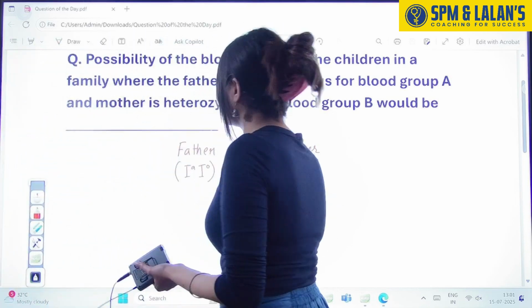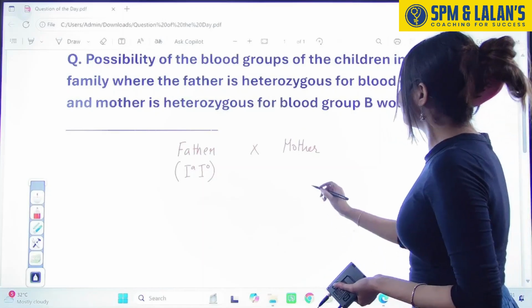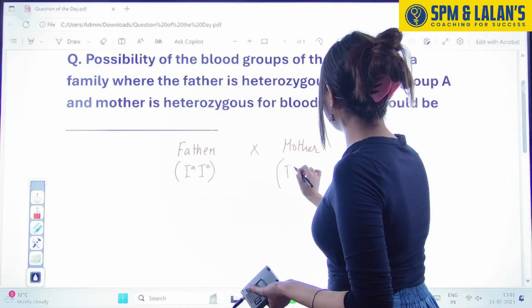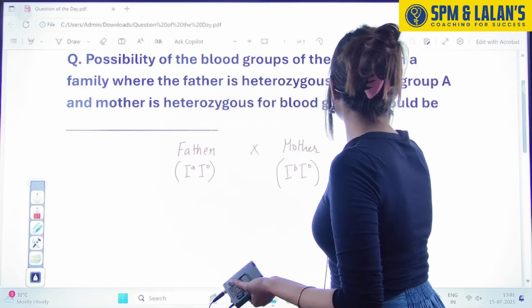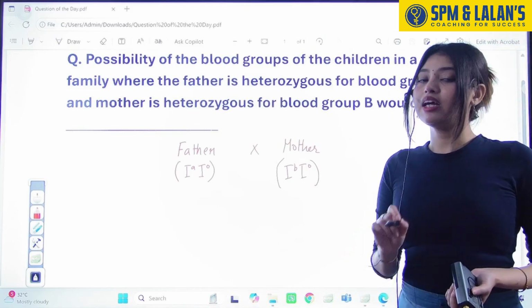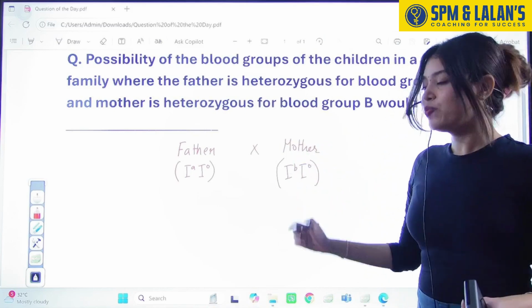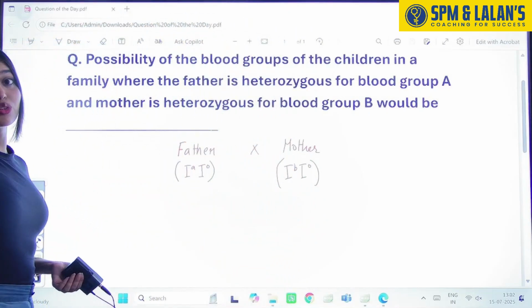So we are not taking IA and IA, but IA and IO. For the mother, it is IB and IO, because again it says heterozygous for B, so it will not be IB and IB, it will be IB and IO. Now what would be the possible genotypes and blood groups of the offspring?